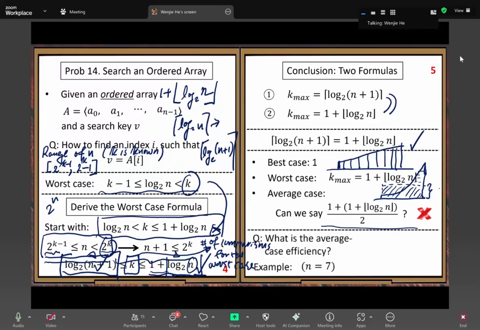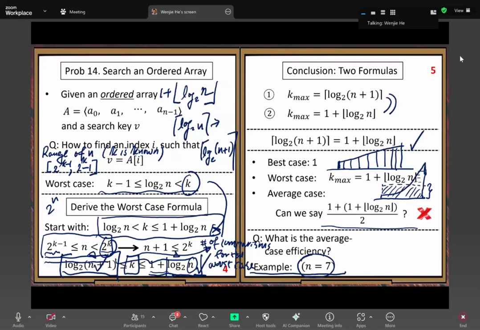But in order to help you understand how to calculate the average case, because in your homework assignment number 2, you will have one question. You need to calculate the average case efficiency. So here, let me use one example, a relatively simple case: n equals 7.